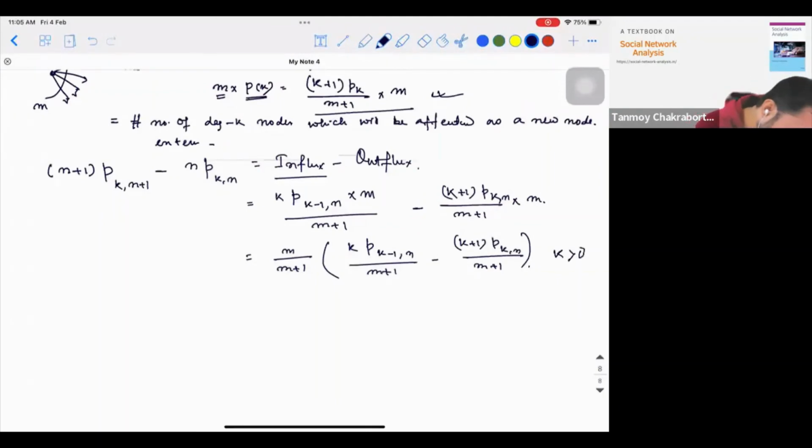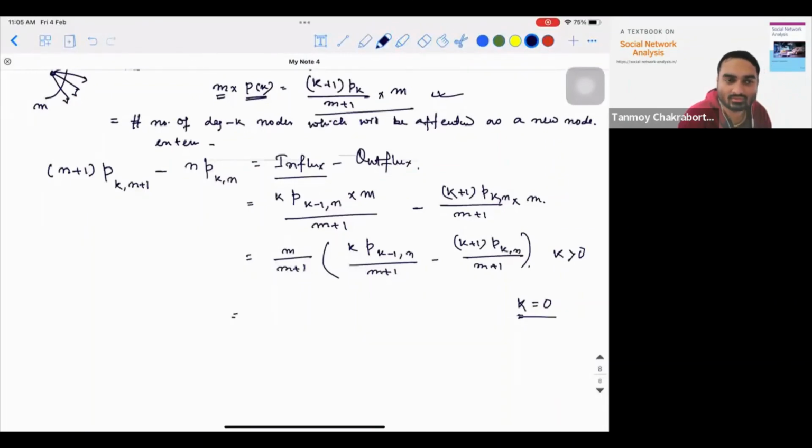Right? What happens if k equals 0? What does it mean? K is the in degree. Please remember, here k is not the degree. As in the Barabasi model, this is a citation network, a directed graph. K is the in degree, right? We are interested in the degree distribution, right? So when a particular node comes in, what is the value of influx when k equals 0?